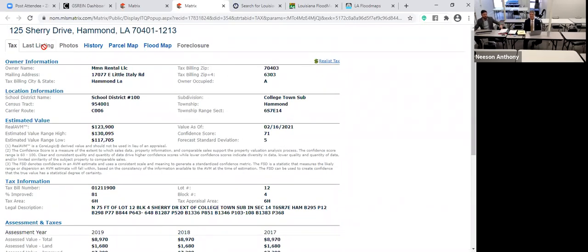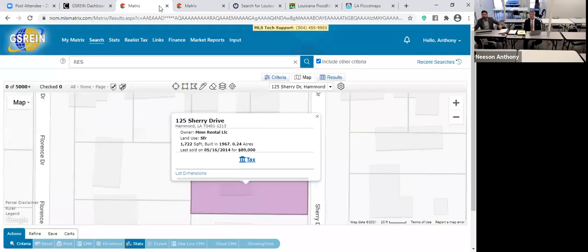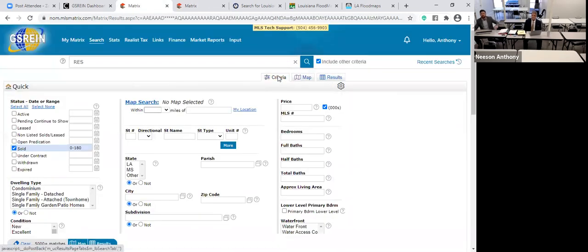I don't have last listing photos. I don't even know if this one was on the MLS. So let's go back in. I don't remember if we bought this. I just put a bunch of 9s. And I'm going to put 125 Sherry Drive.